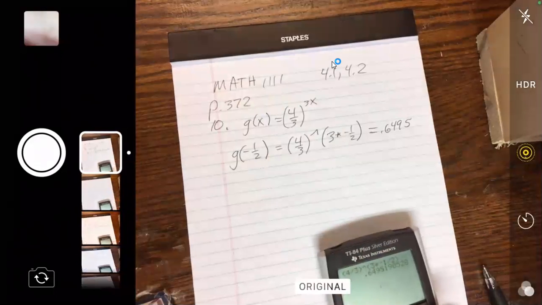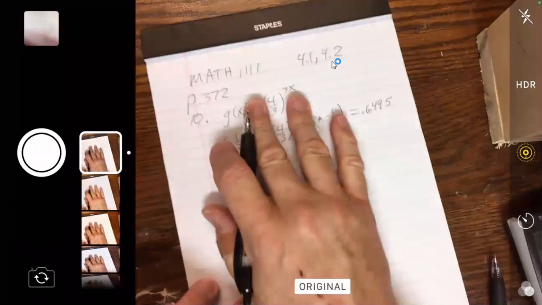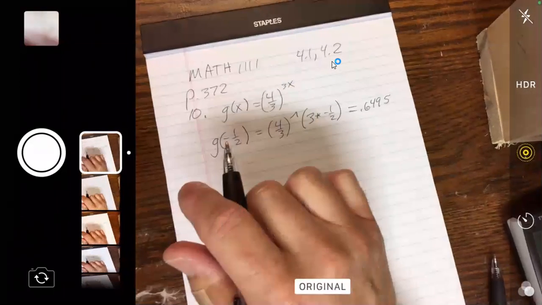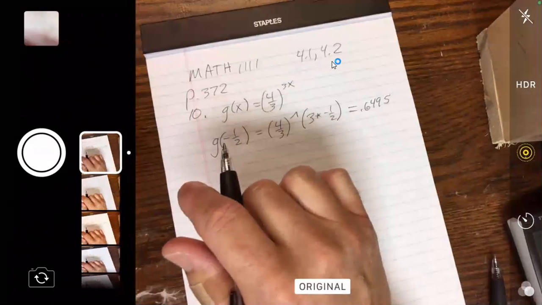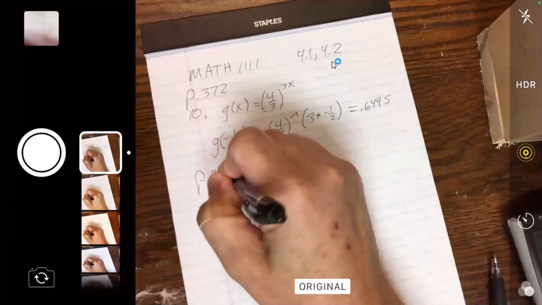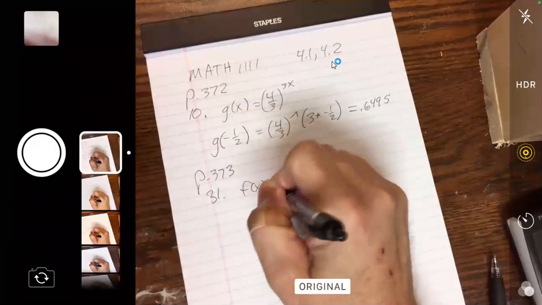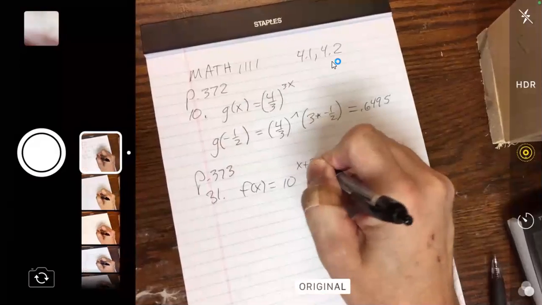Let's see. Going on, how about problem 31? It is 10 raised to the x plus 3.